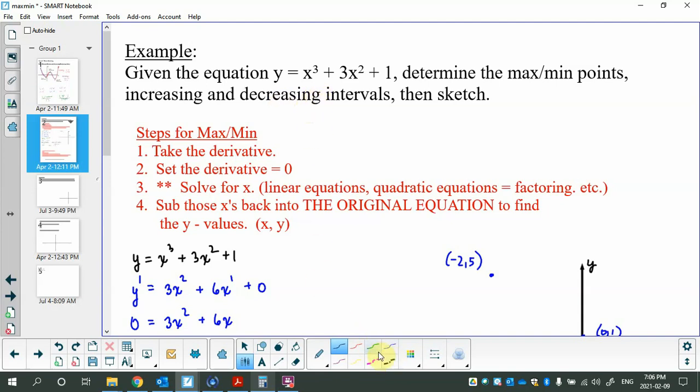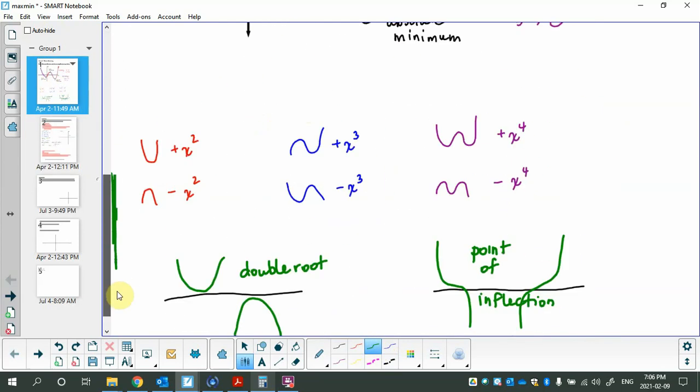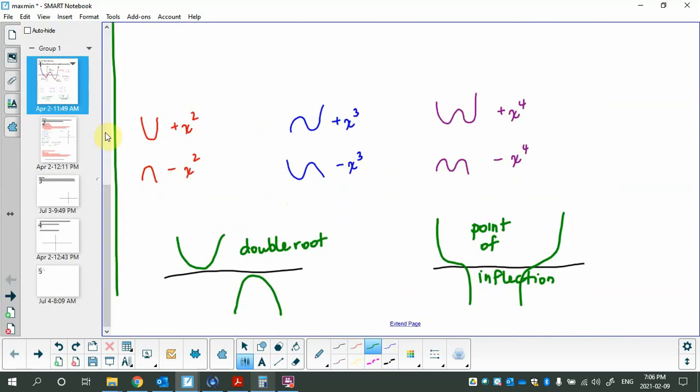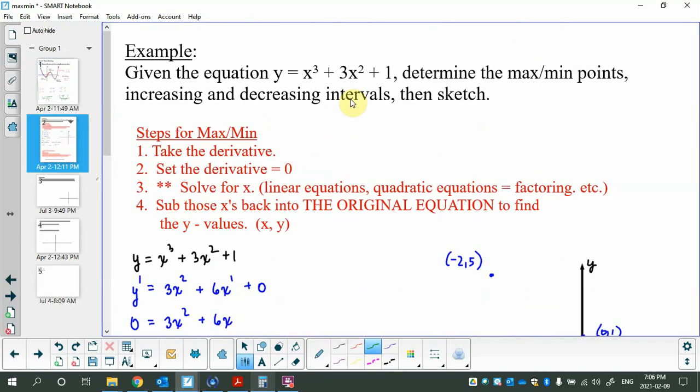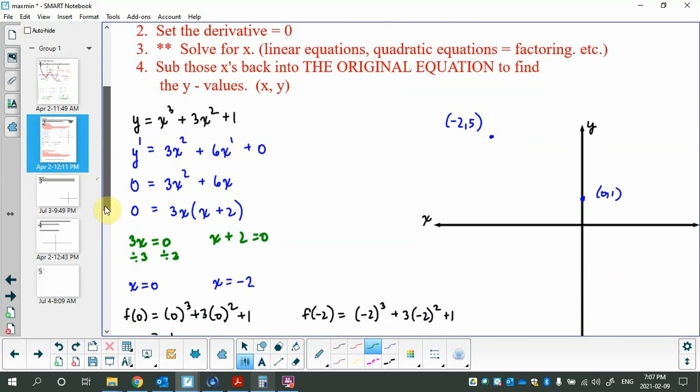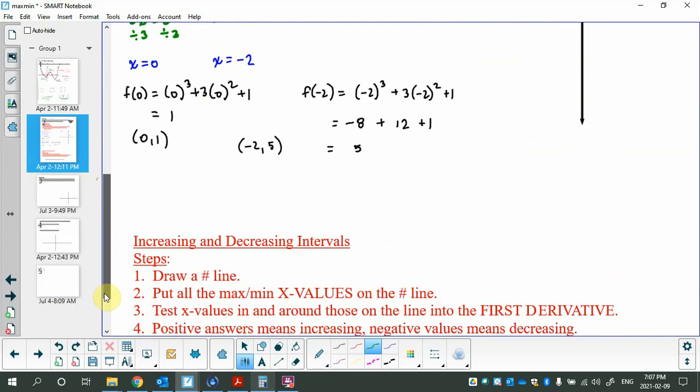Now, there's something to be said about this, and it takes me back to what I was babbling about compared to advanced functions on this slide, and that is, for our equation, it is a positive x cubed. That means I should be expecting this shape. So if I don't end up with that shape, something's gone wrong. So let's check our increasing and decreasing.